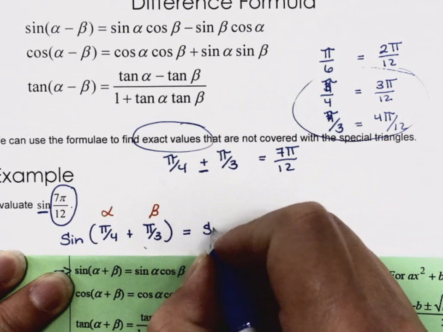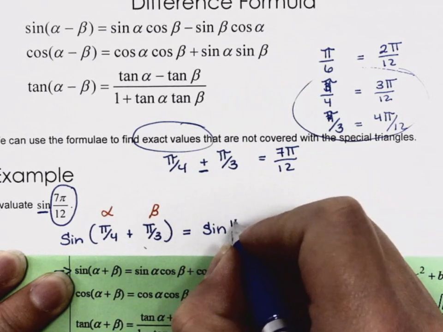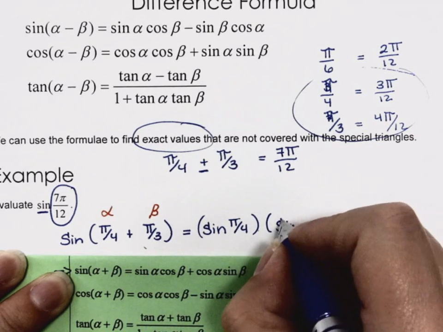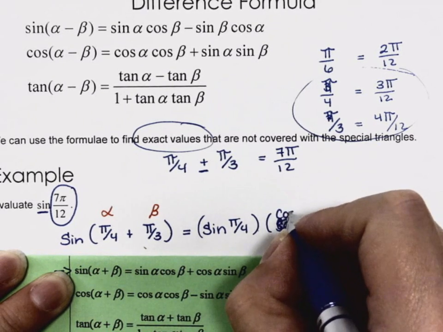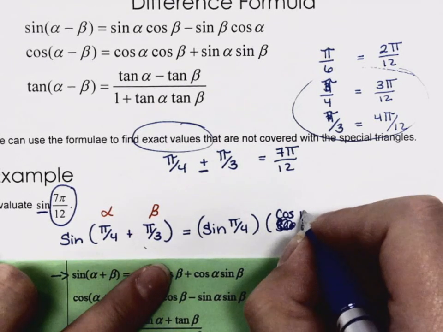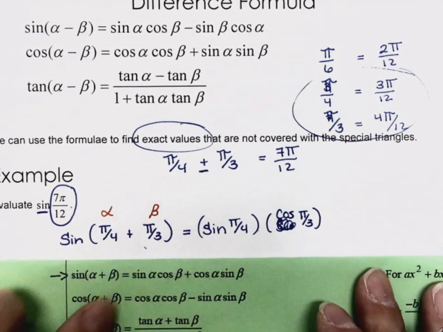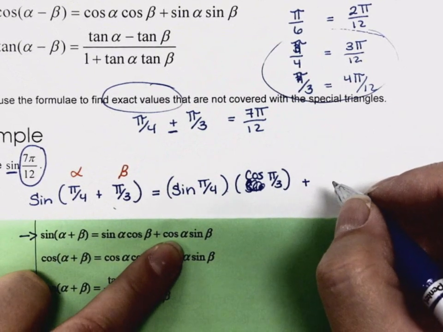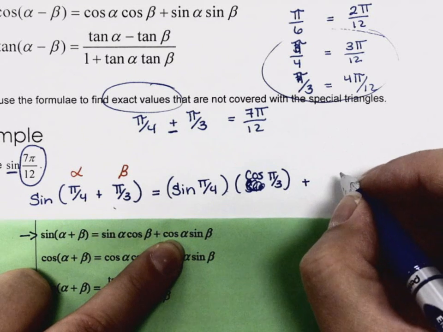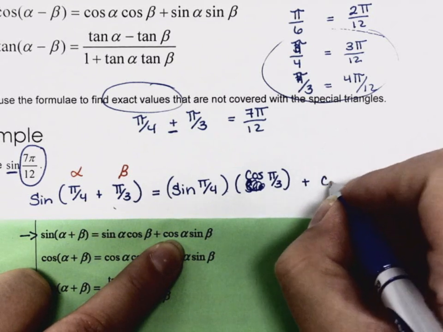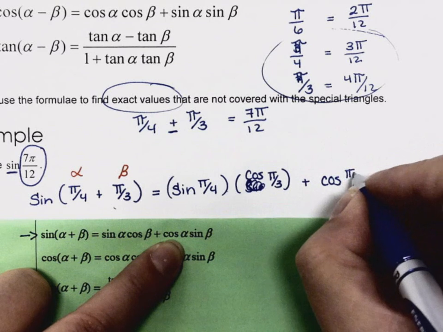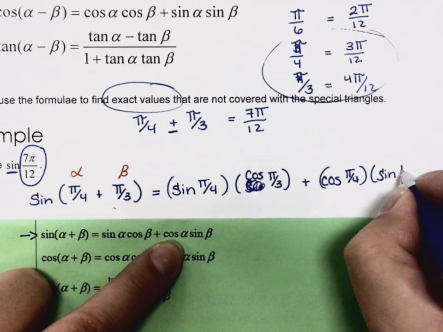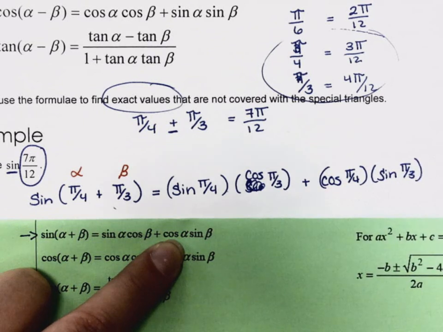So we've got sine of pi over 4 times cos of pi over 3. I encourage you to take your time putting it into the formula because you definitely can screw it up. So in this one, cos of pi over 4 times sine of pi over 3.